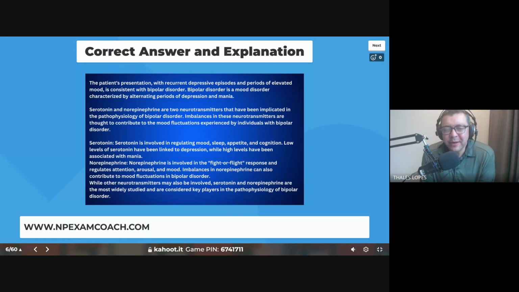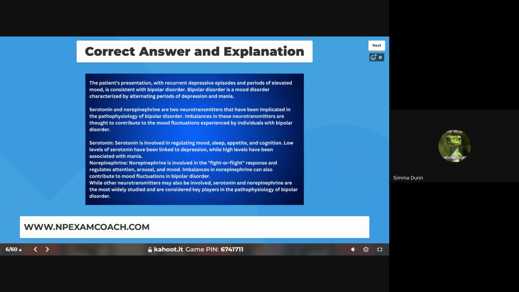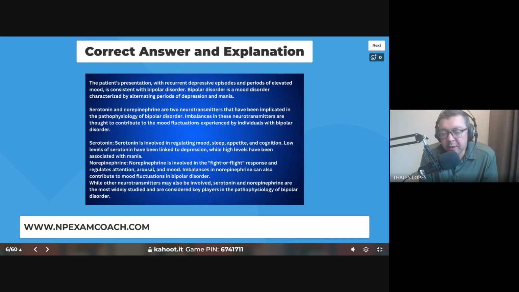With the recent depressive episode, we know this is most likely serotonin. So periods of elevated mood is consistent with bipolar, right? Bipolar is a mood disorder characterized by alternating periods of depression and mania.